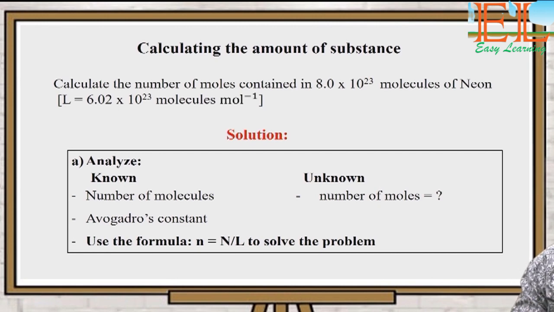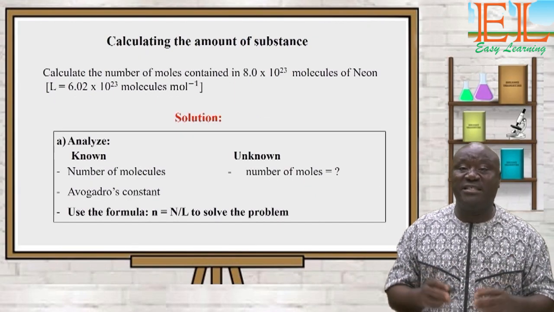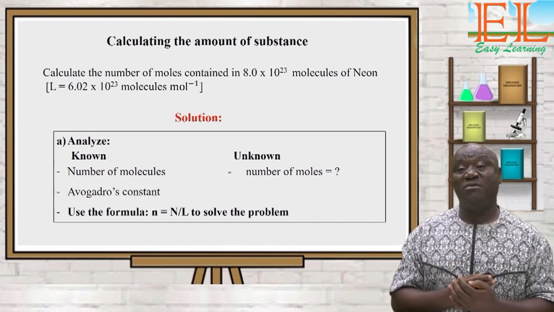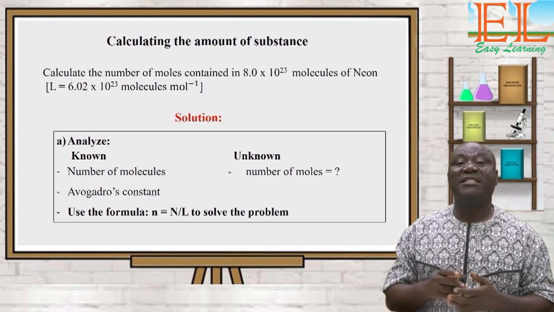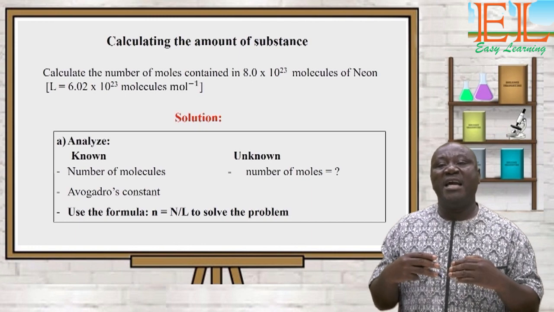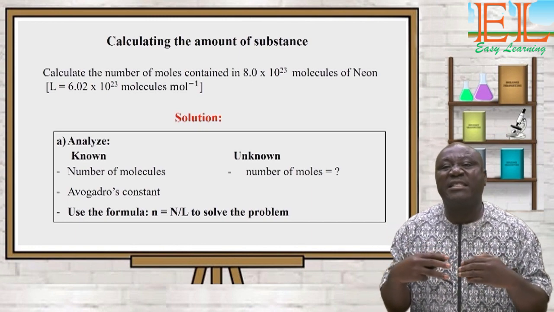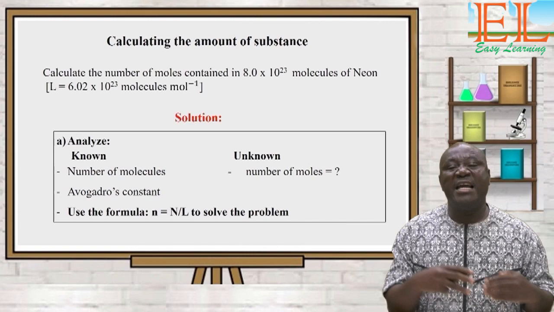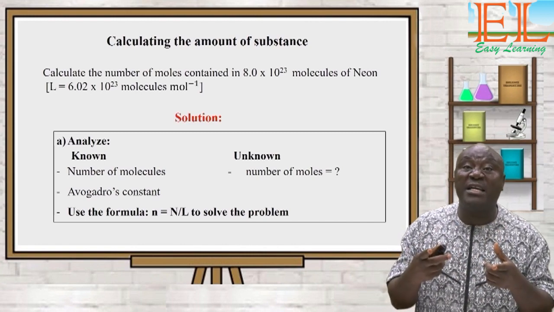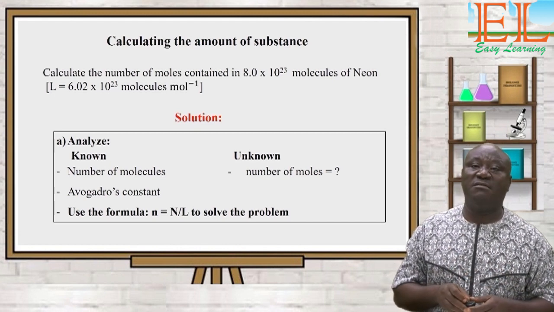We analyze the question by identifying all the quantities that have been given to you in the question and extracting them and listing them as the known quantities. Then you ask yourself, what is the quantity being sought for? And you list that as the unknown. Then the next step of the analysis is to find out the relationship that exists between the known quantities and the unknown. And that will help you decide on the correct formula that you will use to solve the question.